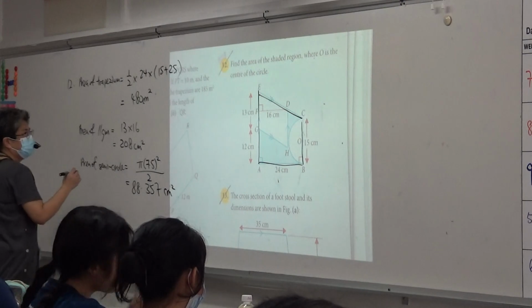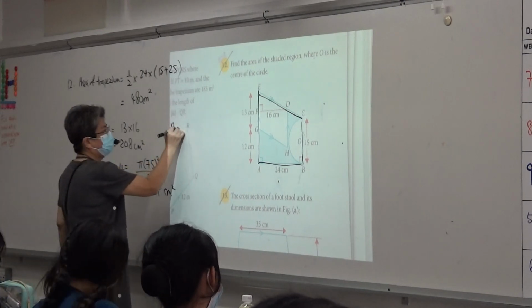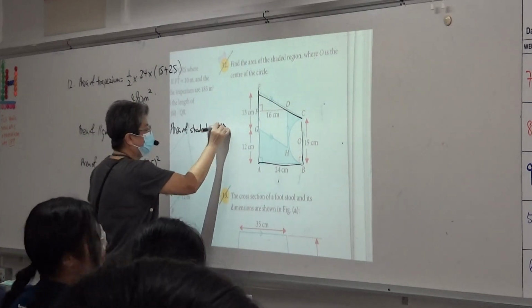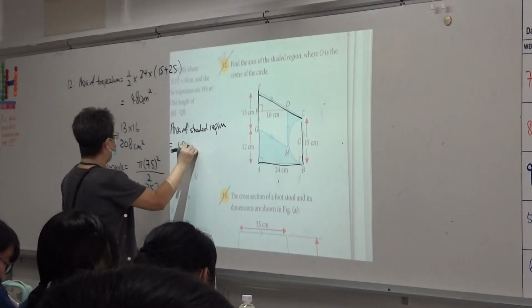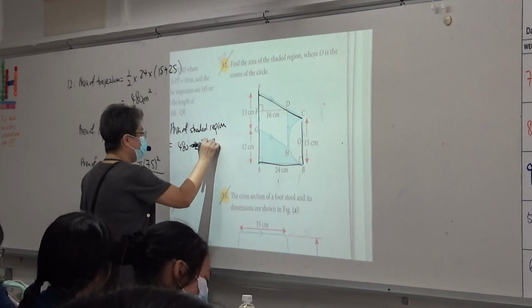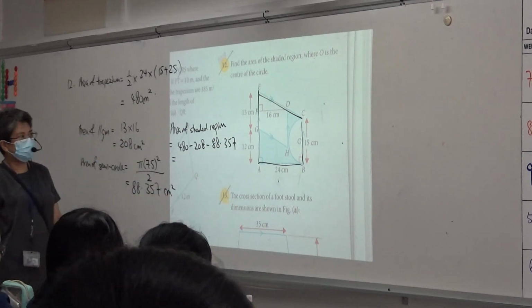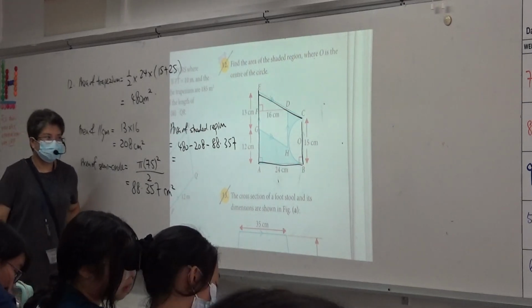So area of shaded region will be 480 minus 208 minus 88.357. So what is the final answer?